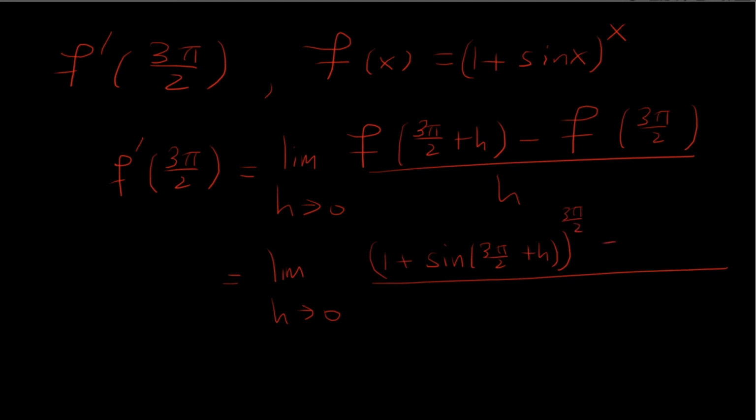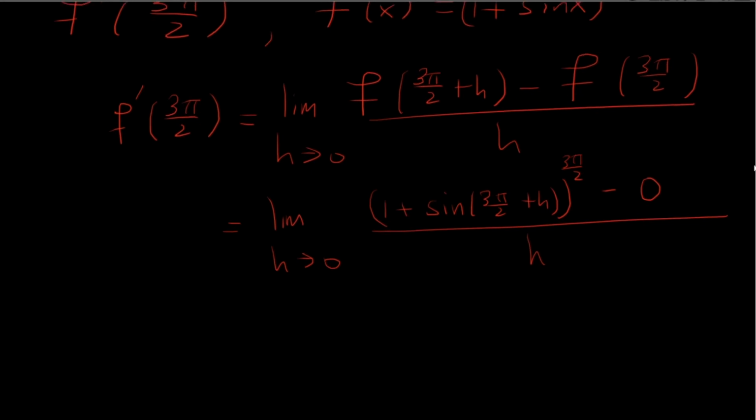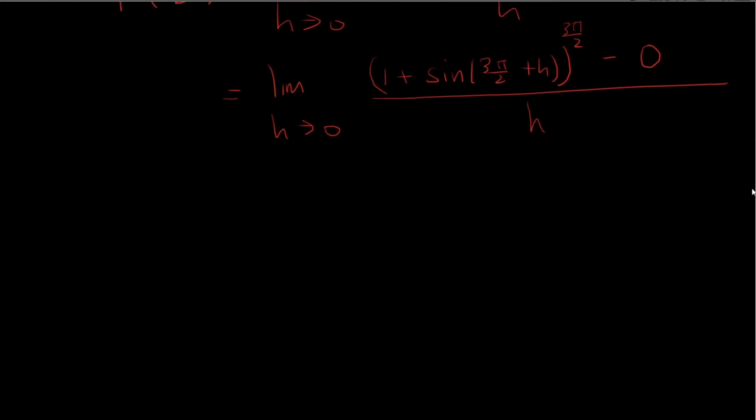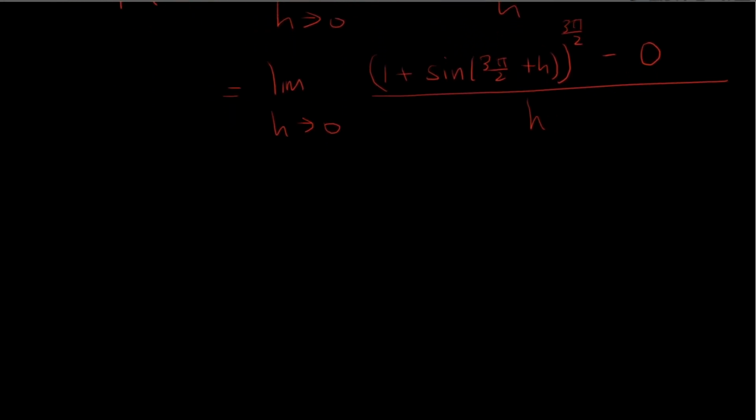And if I plug in (1 plus sine of 3 pi over 2) to the 3 pi over 2 power, that's just going to be 0. And that's going to be all over h. So notice here, I have sine of 3 pi over 2 plus h, which I can write as sine of negative pi over 2 plus h, because 3 pi over 2 is equivalent to negative pi over 2.